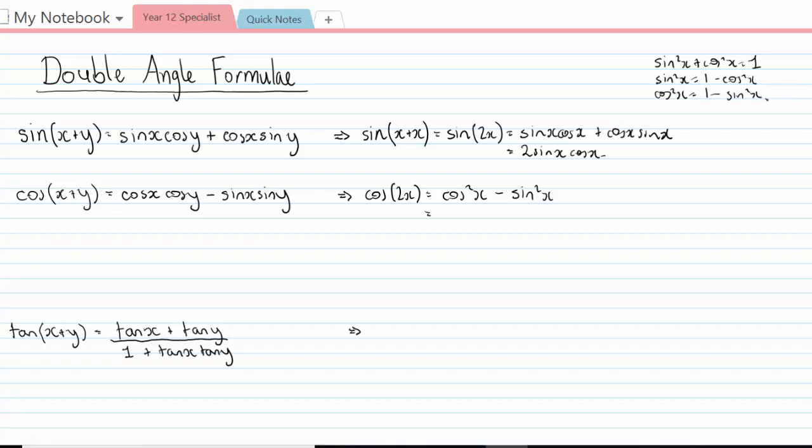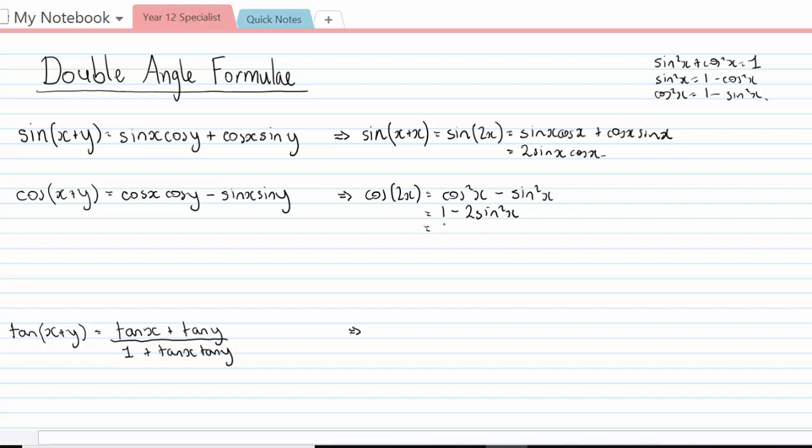If you replace the cos squared x first, replace it with 1 minus sine squared x, then that's going to give us 1 minus sine squared x and then minus another sine squared x, which means we have 1 minus 2 sine squared x. The other alternative in that first line is to replace the sine squared x with 1 minus cos squared x.